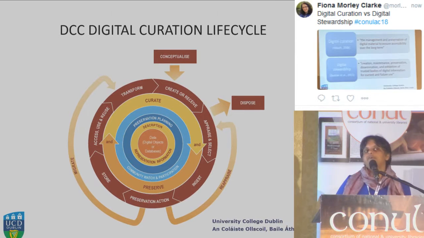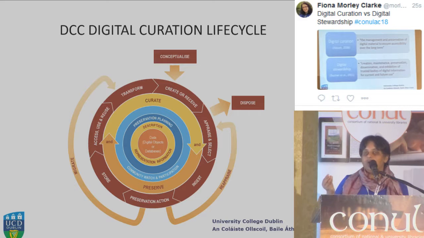There are simplified versions of this, but if you look at it, and it's a little hard to read, the innermost circle, working with the actual data, the preservation planning, etc., are the processes that happen on an almost daily basis. And as we go out from that inner core towards things like migration, reappraisal, conceptualization, and disposal, we're talking about processes that need to happen less often.